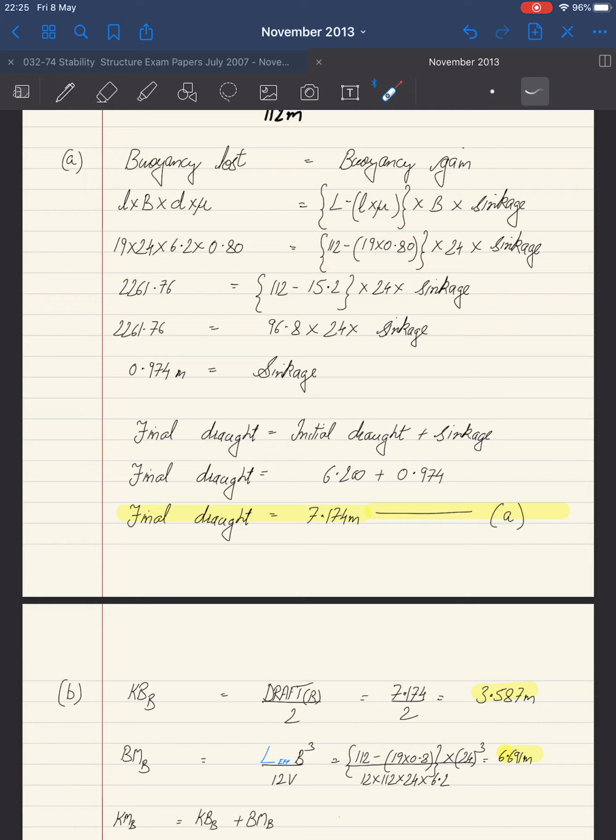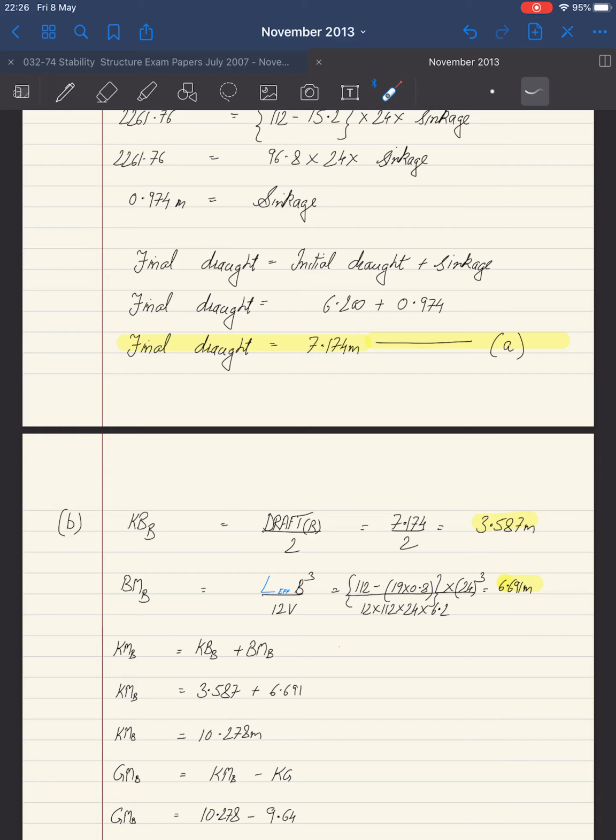So the principle remains the same, as explained earlier, multiplied by the breadth cube, which is 24 cube, divided by 12V. So 12 times length, which is 112 meters, times breadth, which is 24, times the draft, which is 6.2. When we solve it, we'll get the final answer for BM bilged as 6.691 meters.